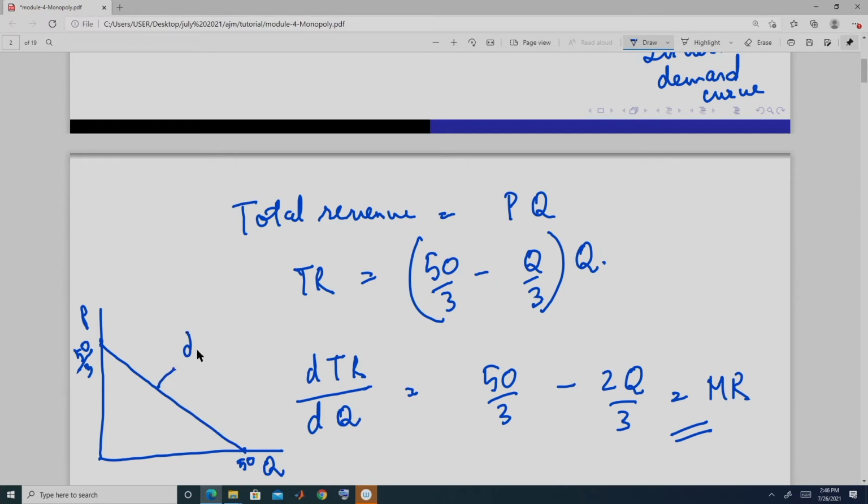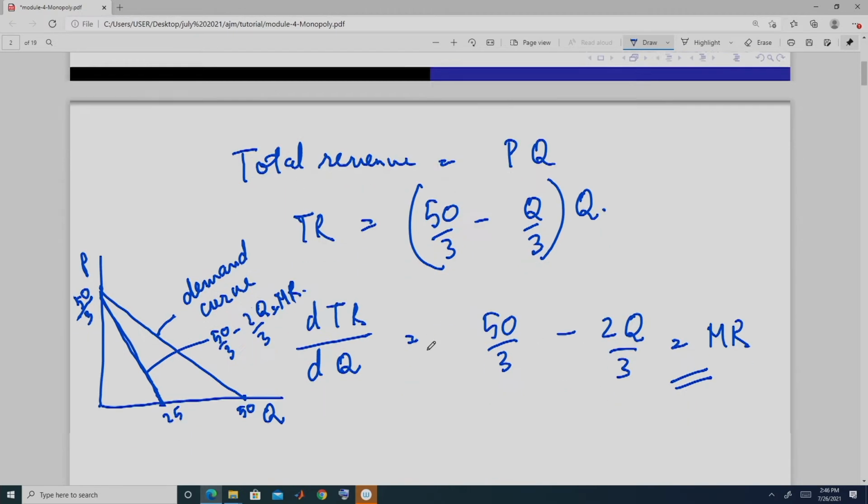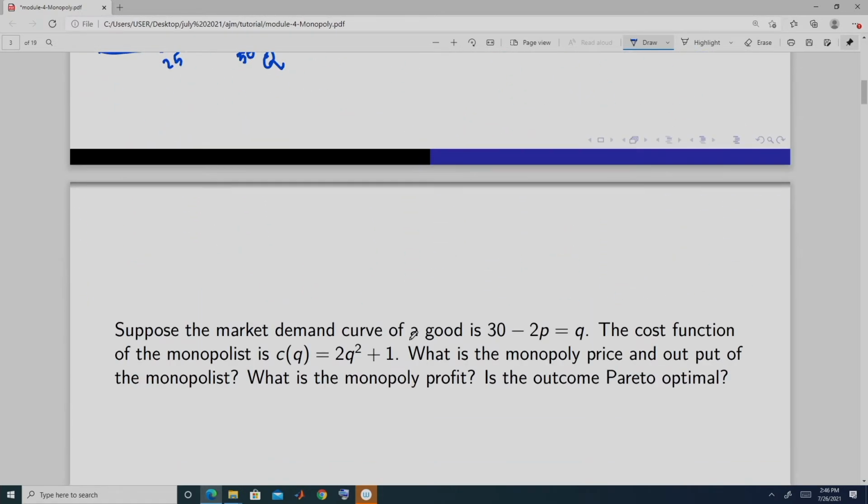This is the demand curve, and this is the marginal revenue curve, and this point is going to be 25. This is how we get the marginal revenue curve of a monopolist.